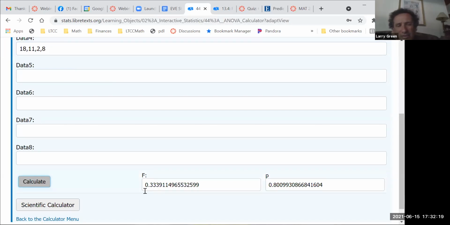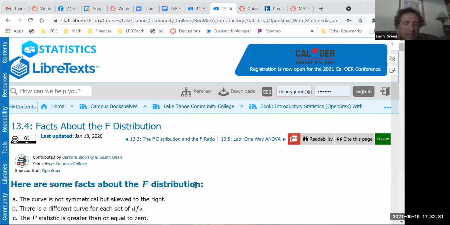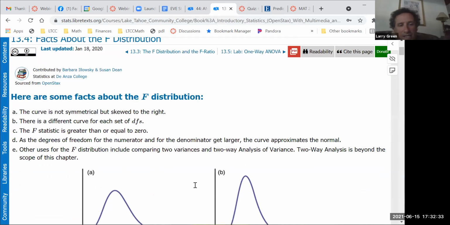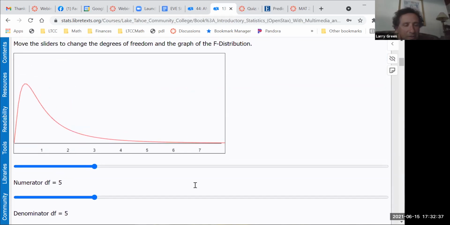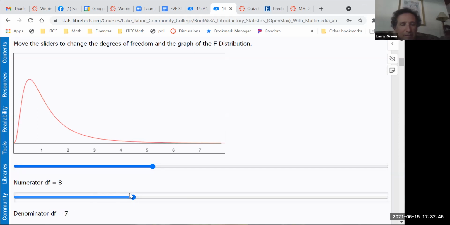And it gives us what's called F. So that's the F statistic. Okay, the test statistic is F. And I figured I'd show you what it looks like. So this is the book, and I programmed a piece of that. So here's the F distribution. Turns out there's two kinds of degrees of freedom. I'm not going to get involved, but if you have different amounts of degrees of freedom, you get slightly different curves for the F distribution.